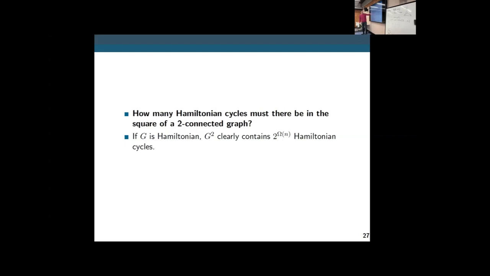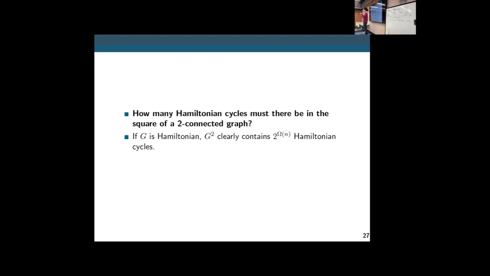I should point out that if G is Hamiltonian, it's easy to see that G squared contains 2 to the omega n Hamiltonian cycles. Why? If G is Hamiltonian, this means you have a graph, lots of other edges maybe, but you know that there is a Hamiltonian cycle. So I stand on the Hamiltonian cycle, and I go A, B, C, D, 4 consecutive vertices.